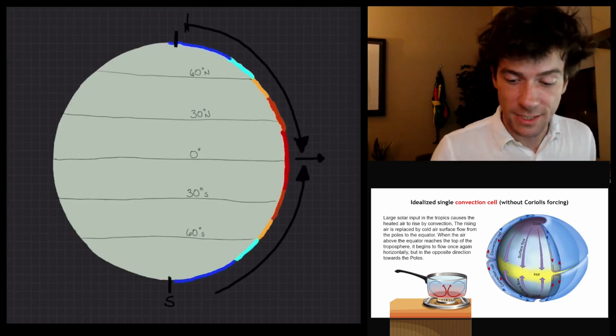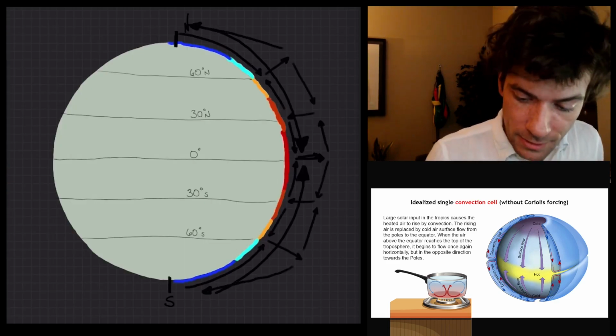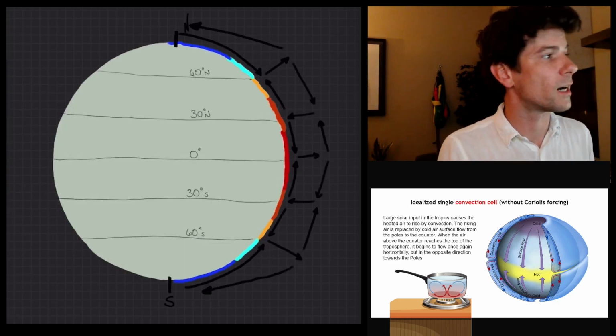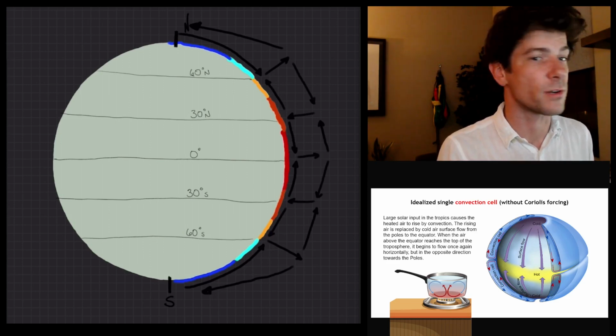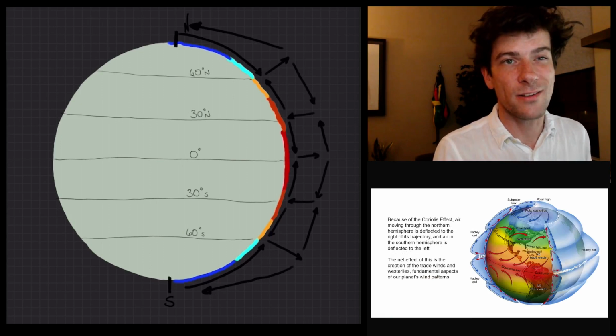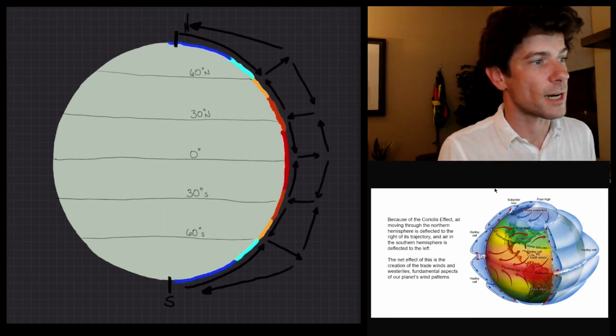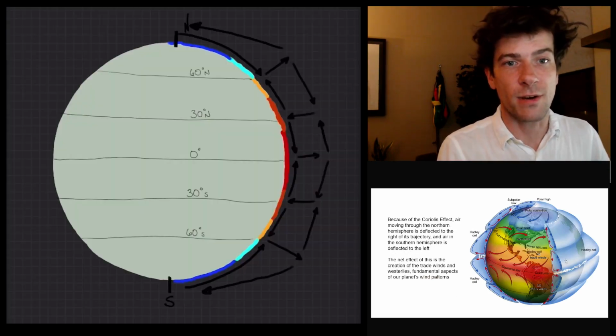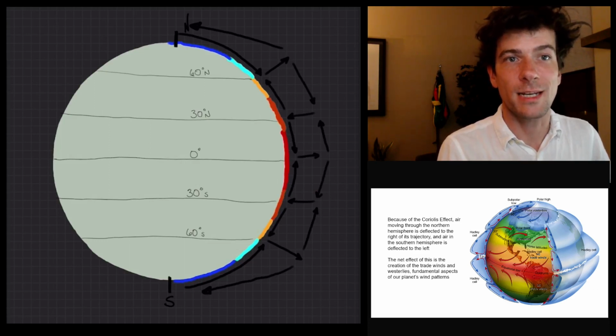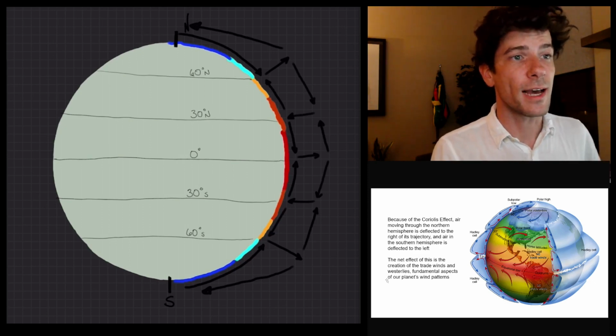It actually breaks down into three individual convection cells in the northern hemisphere and three in the southern hemisphere. If we look at the slide for that, this cartoon down in the bottom right shows three convection cells in the north circulating in the ways indicated here, and those are indicated by the black arrows over to the left.